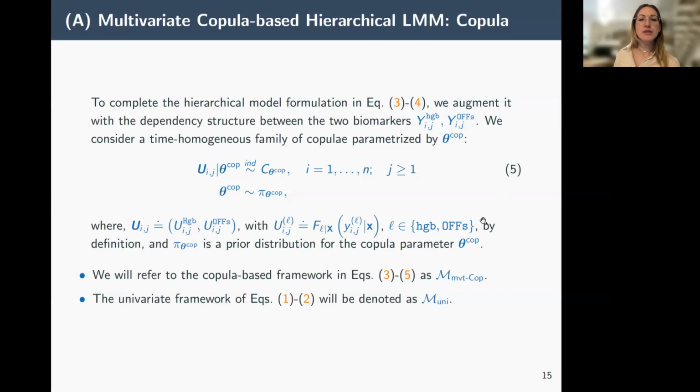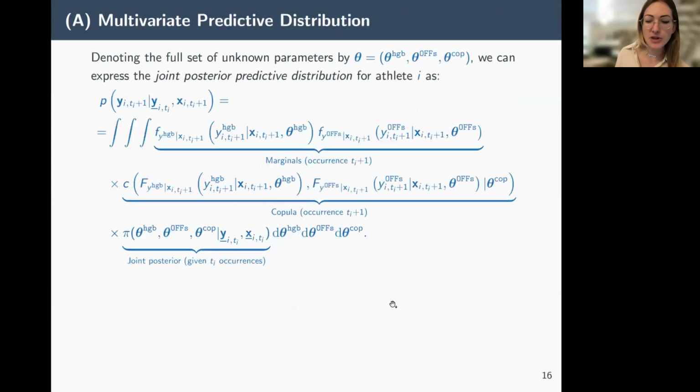I will use later on in the empirical results the notation MBT cop to refer to this proposed model, and uni to refer to the univariate framework discussed previously.